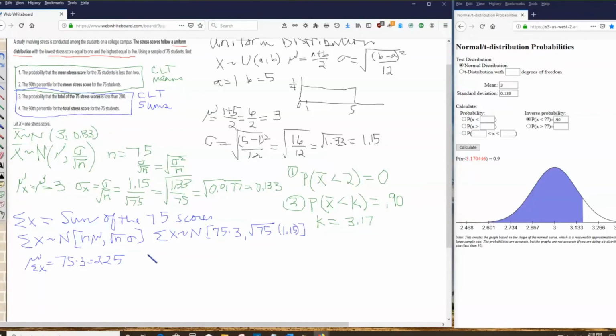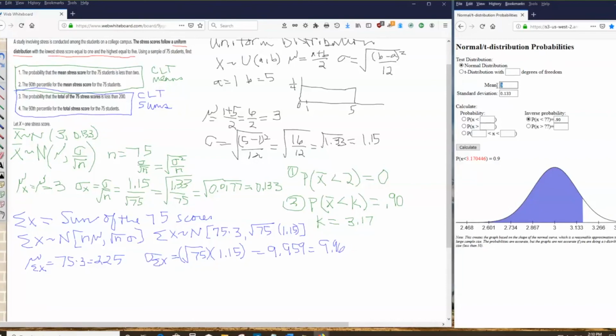And then the standard deviation for the sum is going to equal the square root of the sample size times the original standard deviation. So that's going to give me 9.959. So we'll just say 9.96. Go ahead and put these in the calculator.